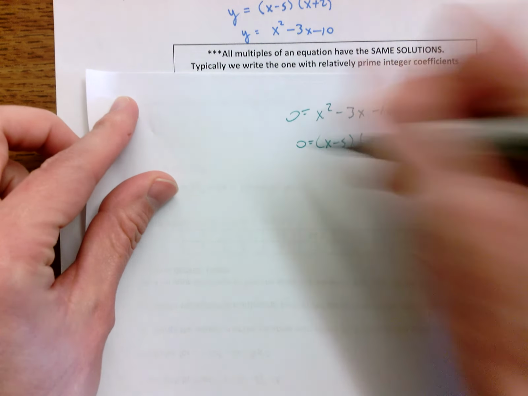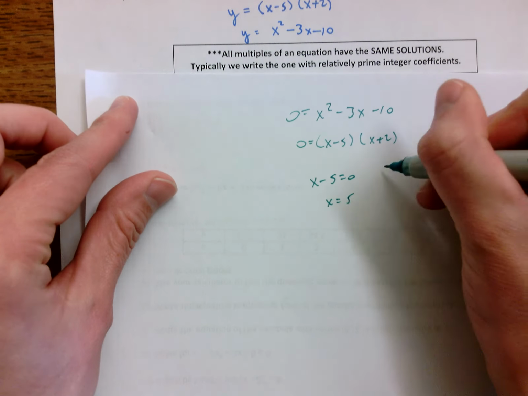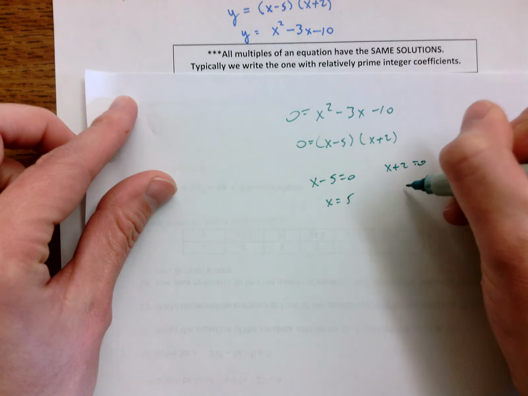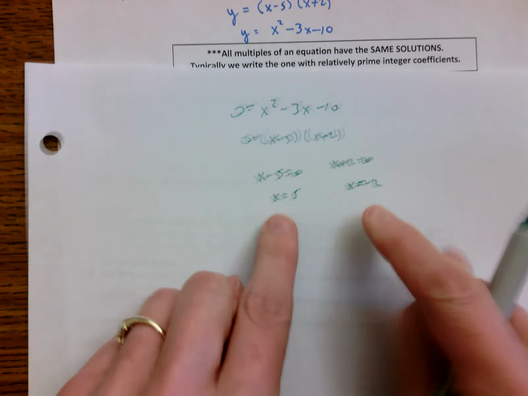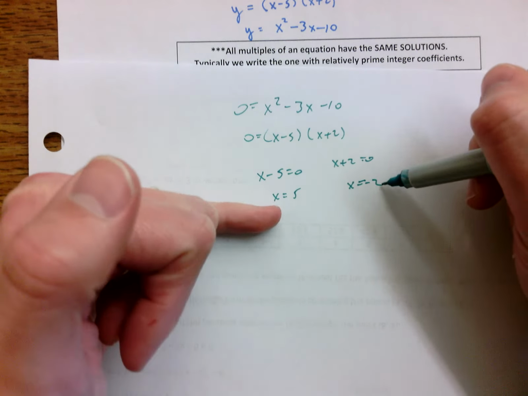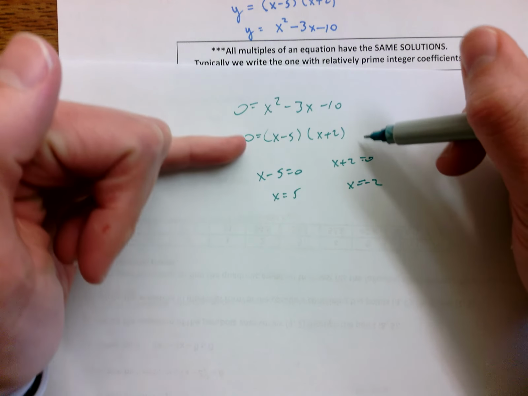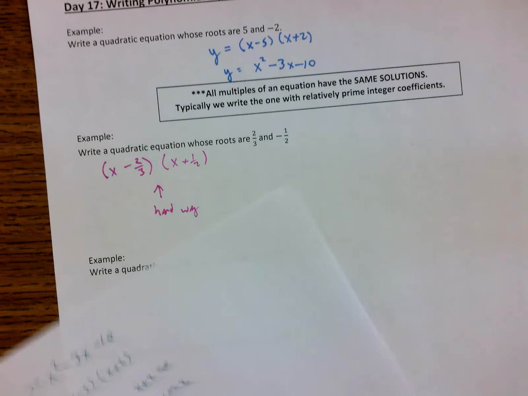And then from there, we set each one equal to 0 and we solve, right? So what I'm going to do is start at the bottom and work my way up. I'm going to start with just x equals whatever my root's supposed to be, and then backtrack my way up through the problem until I get back to the original equation. Okay, so that's my plan here.